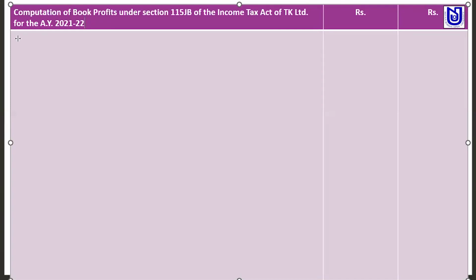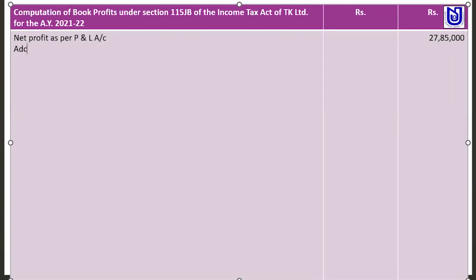Now we can compute the book profit. You see here, net profit is 27,85,000. So we'll start with this. Net profit as per profit and loss account will be taken here: 27,85,000.